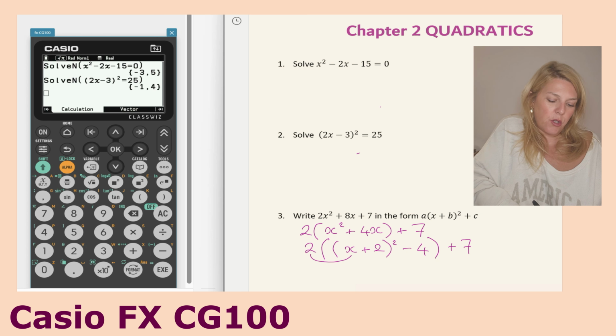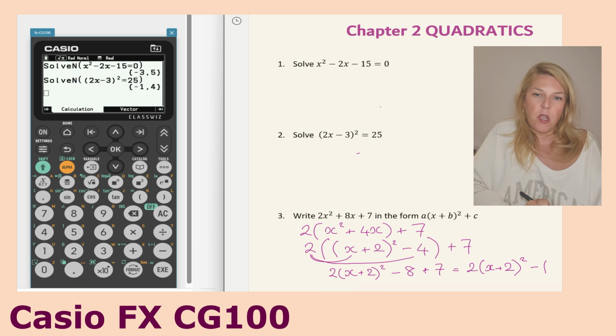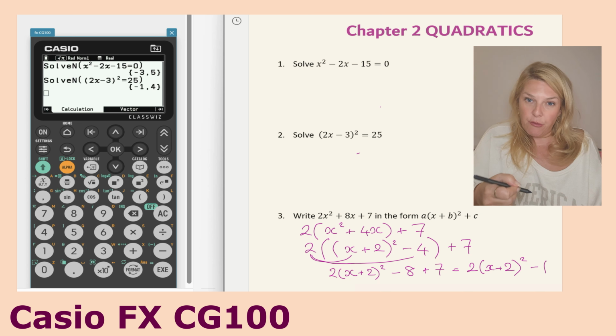Okay, the 2 then multiplies by the bracket and by the 4. And then I've got the plus 7 there. So I have 2 lots of x plus 2 all squared, take away 1. So I've answered their question, I've written it in that form.